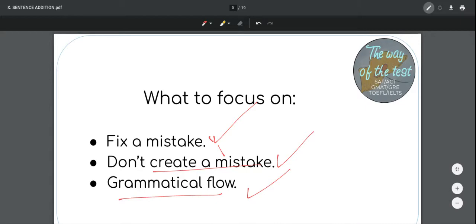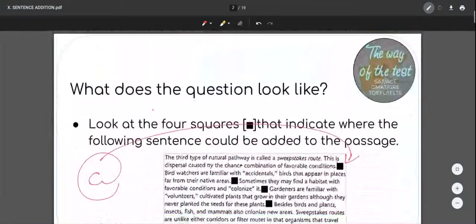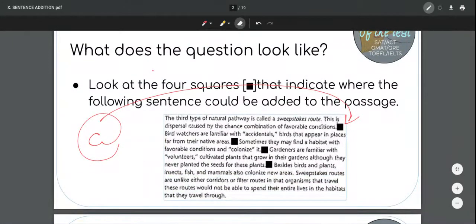So we're going to go to the first black square and see if I'm creating a mistake or fixing a mistake, if I'm breaking the flow or creating flow. Again, don't worry, I'm going to completely explain what I mean by fixing a mistake and creating a mistake. When we fix a mistake, it means that if I don't add this sentence here, there will be a mistake going from this sentence to the following sentence. And mistakes can take many different forms.